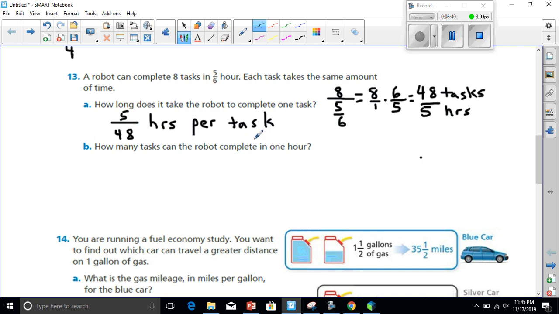How many tasks can a robot complete in 1 hour? Well, if it can complete 48 in 5 hours, well, every fraction is a division problem, so that's going to be 48 divided by 5. So in 1 hour, 9 tasks.